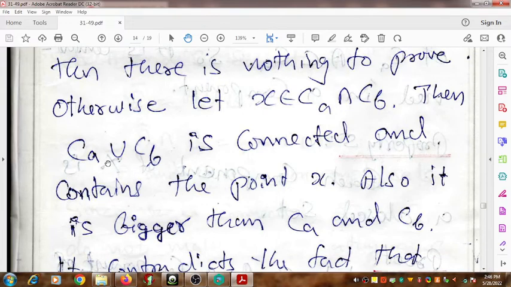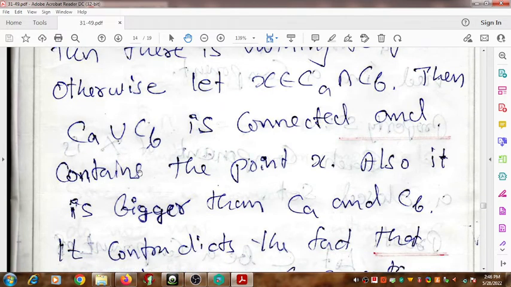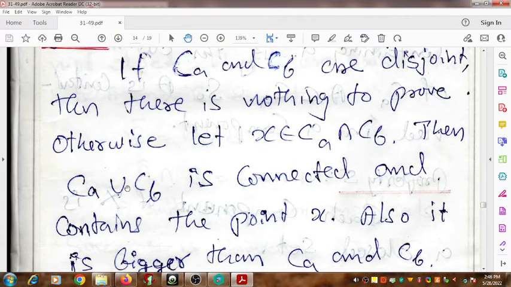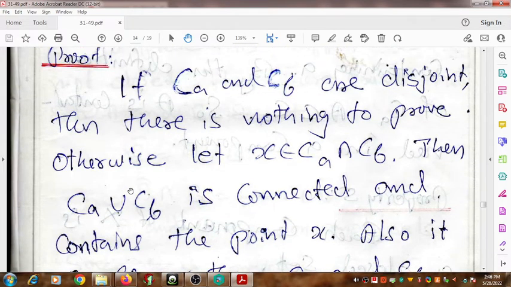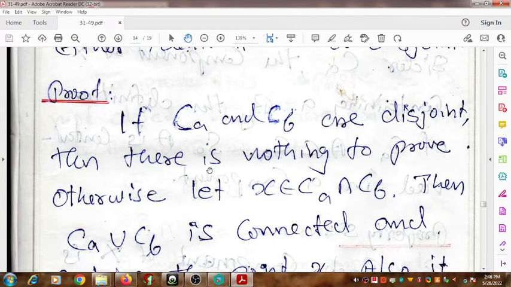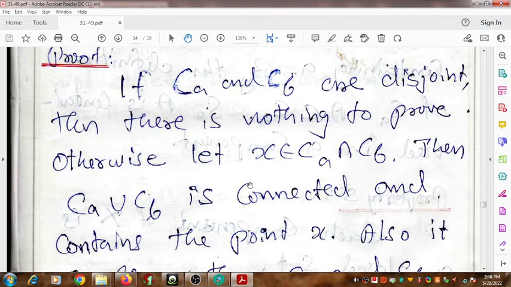But CA union CB, as it is connected, must be bigger than CA, and also bigger than CB. That actually contradicts the maximality of CA and CB, as CA and CB are components. So this is a contradiction, and this situation can be overcome only by correcting the statement that there exists some point common to CA and CB.